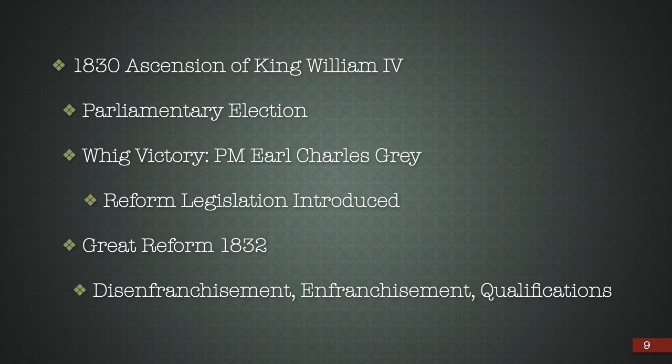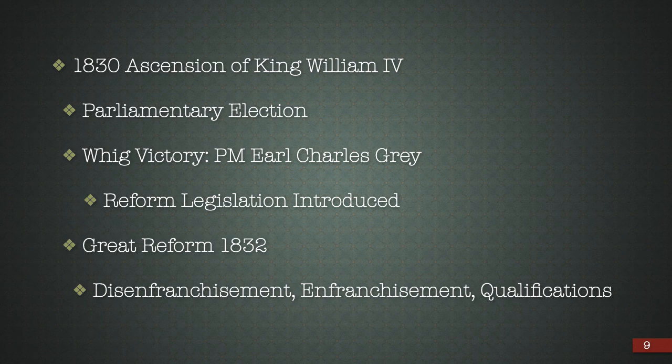By disenfranchisement, the Reform Act basically gets rid of 56 of these rotten boroughs. And so there are 56 boroughs, 56 areas that had 111 representatives being nominated. I mean, these were garbage seats, and they were terribly corrupt. So it gets rid of them.